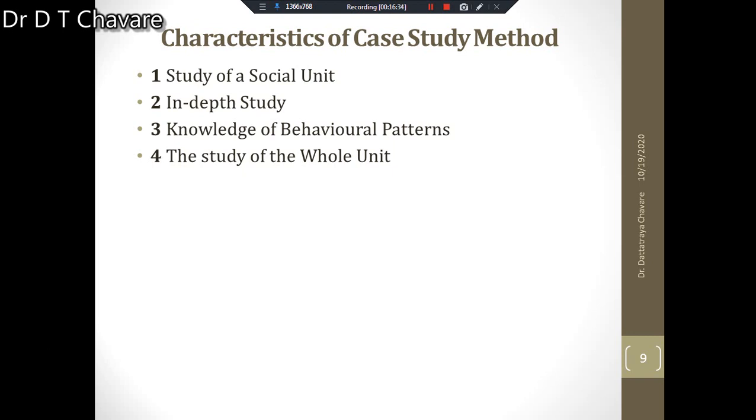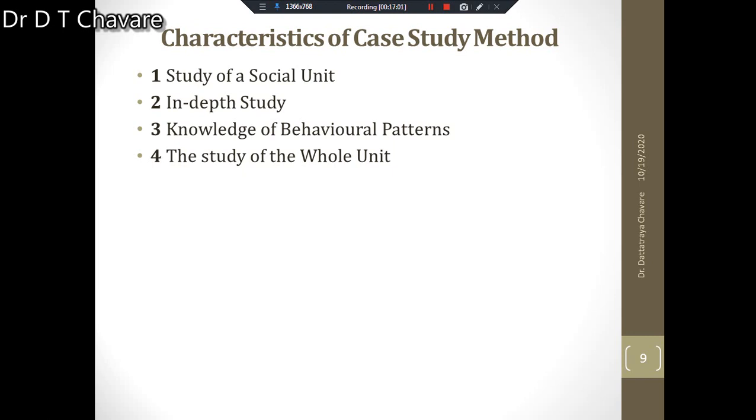Then the second characteristic we have to understand: in-depth study. In other methods of research, only some specific aspects of the subject matter are considered. But in the case study method, all details are considered.